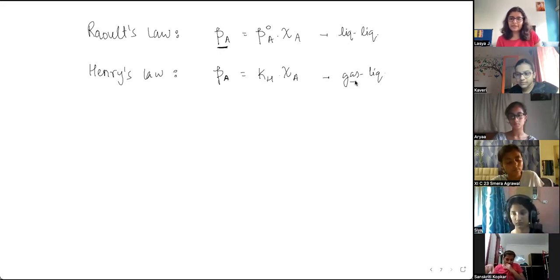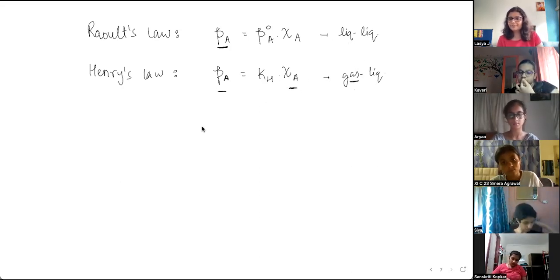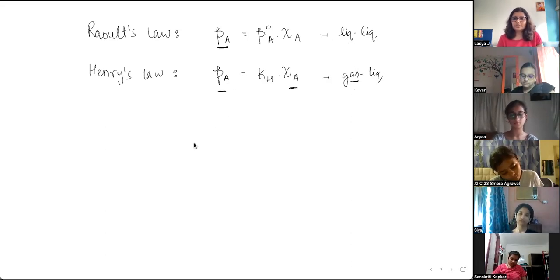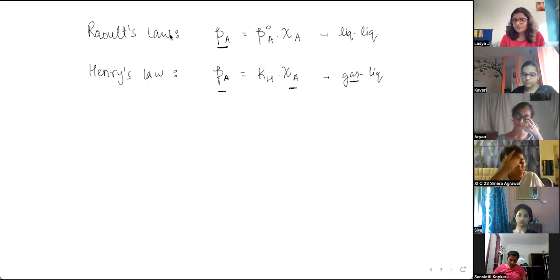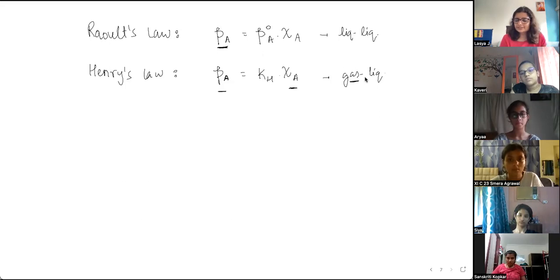And this is applied to gas, and gases ka direct unka pressure is what we are talking about. Okay. So if you look at it mathematically, because it's equal, we can say Henry's law is a specific case of Raoult's law, जिसमें instead of a liquid, if the solute was a gas essentially.